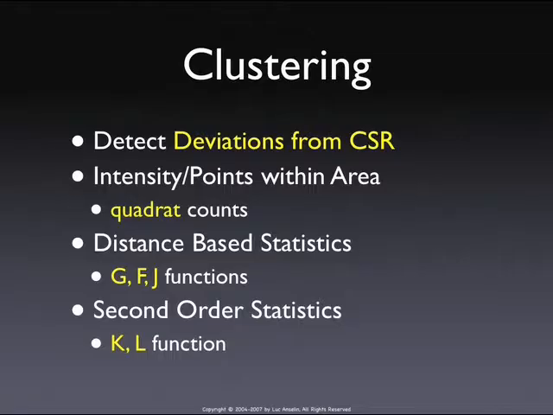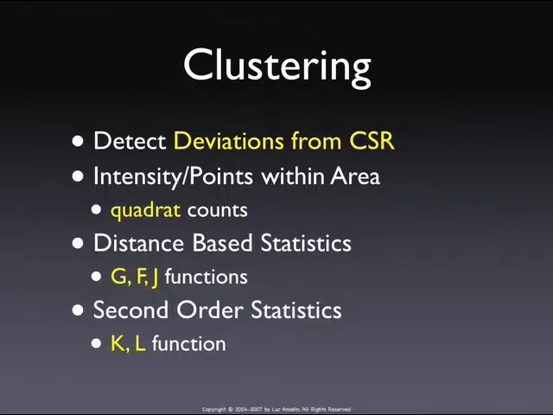The second moment is more like a variance or a covariance between the locations of the points. So the K function and its cousin, the L function, are really based on the second order moment. It's a characteristic not of the average, the mean tendency, but about the variability around that mean tendency.